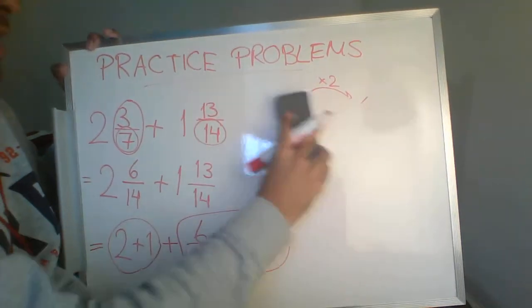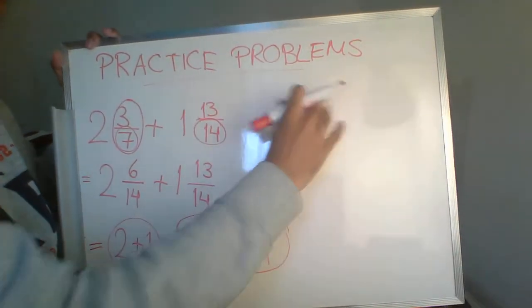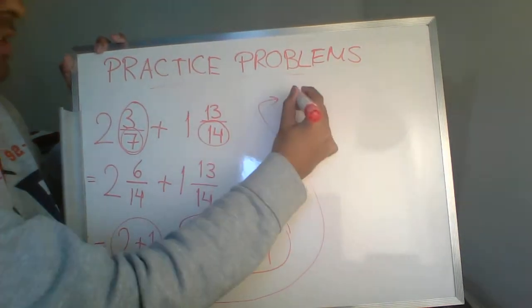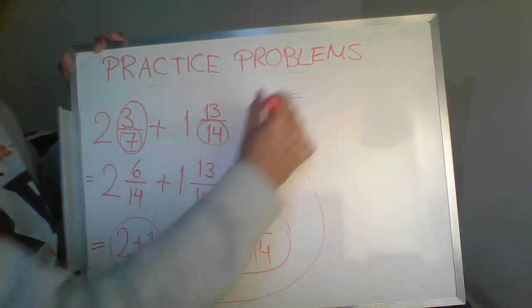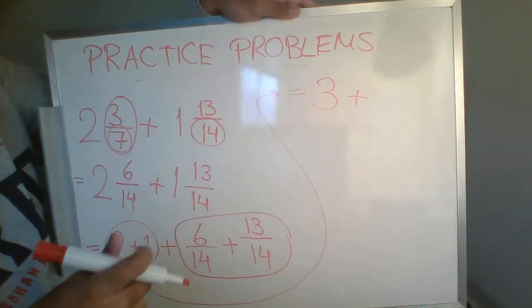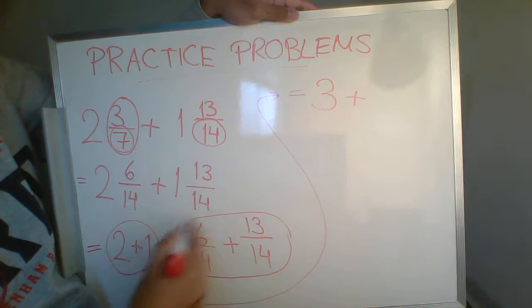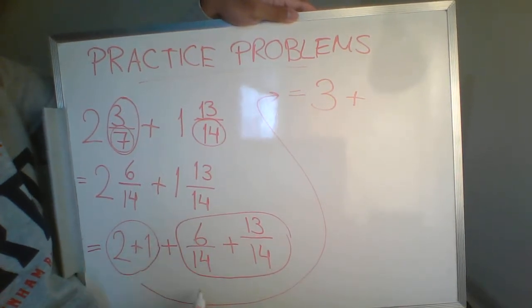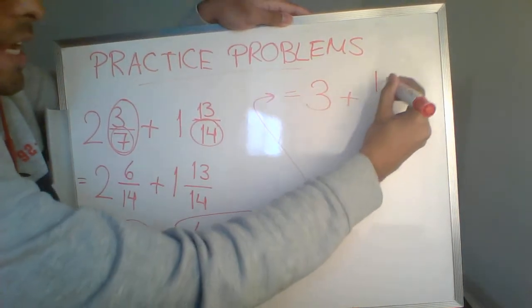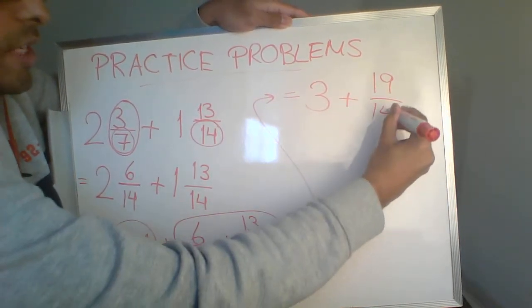Let me do it up here, just because there's more space. If I do this up here, we'll get 2 plus 1 is going to be 3, plus, and then if we add what we have here in this fractional component, we've got 6/14 plus 13/14. Altogether, that's going to be 19/14.